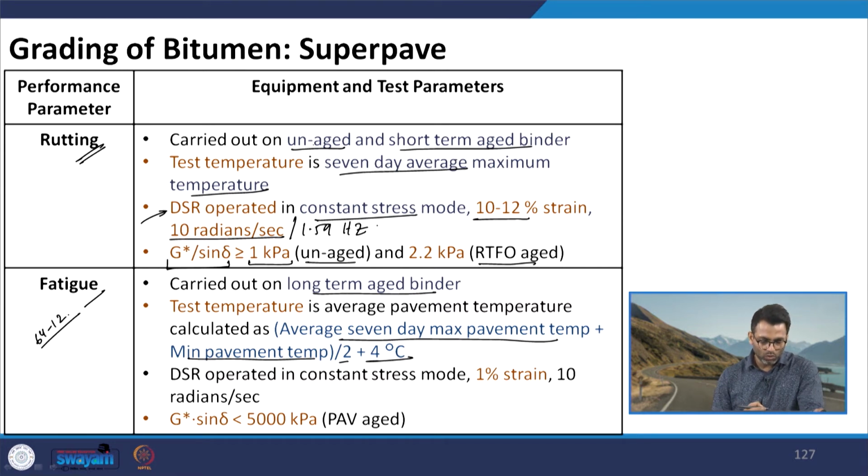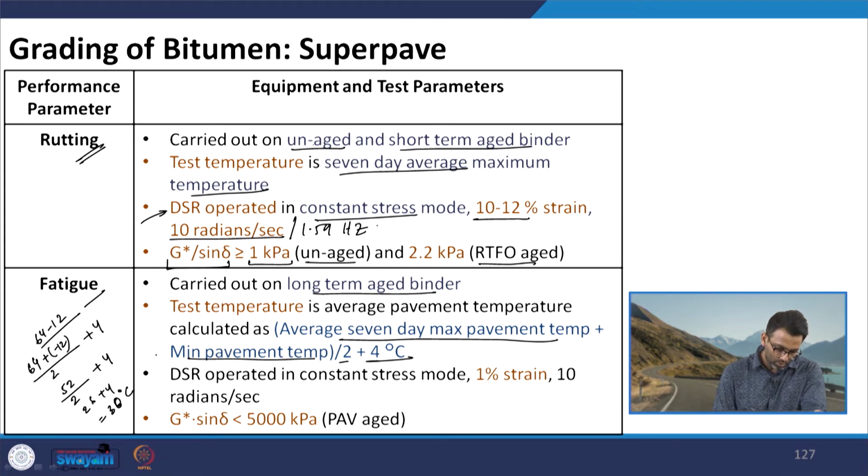So, if 64 minus 12 is the grade we are targeting, then the fatigue characteristics will be measured at a temperature of 64 plus minus 12, divided by 2, plus 4. So, this is 52 divided by 2 plus 4, which is 26 plus 4, so 30 degrees Celsius. All right. So, this will be chosen as the test temperature.